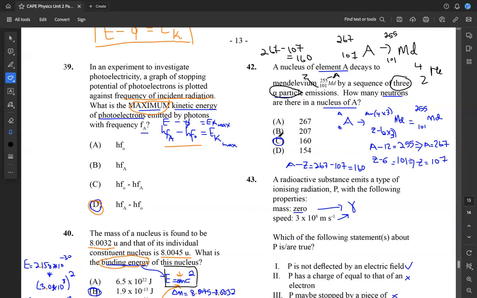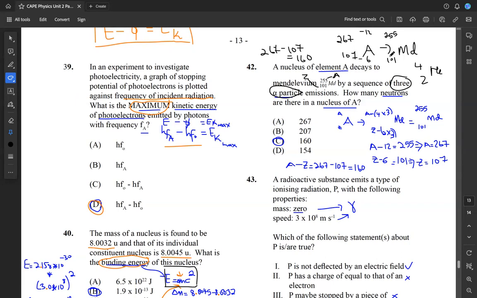Okay? So this one, the key takeaway from this question, I would say, is that when you have alpha particle emission, your mass number is going to decrease by 4 and your atomic number is going to decrease by 2. So if you have 3 of them, that's going to be 3 times 4. So 12, this is going to decrease by 12, right? That's what happened. And then down here, it's going to decrease by 2 times 3, so it's going to decrease by 6.